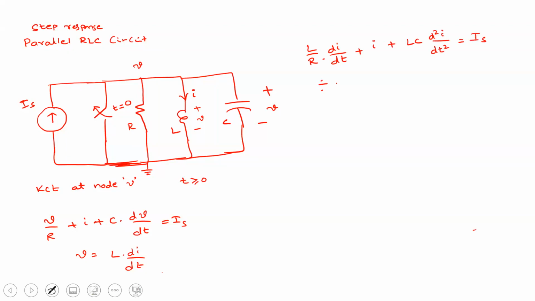Divide this with LC. So you will get d square i by dt square plus 1 by RC into di by dt plus i by LC, which is equal to IS by LC. Is this correct? Just check it out.